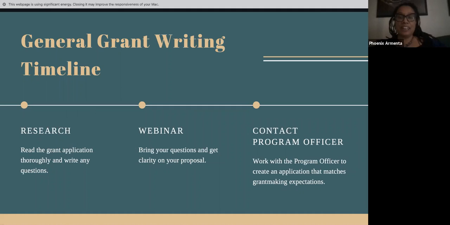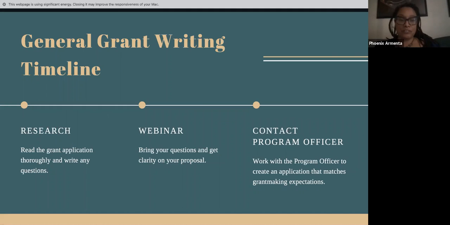So when you're writing a grant, there's generally 3 steps you need to hit before you get to the grant writing process. So the first is to do your research. You want to research the organization that's giving the grant, so you can understand what kind of grants they have given in the past and who they have given to.